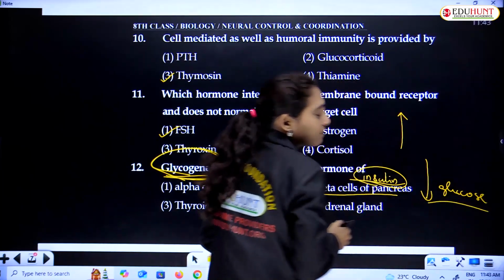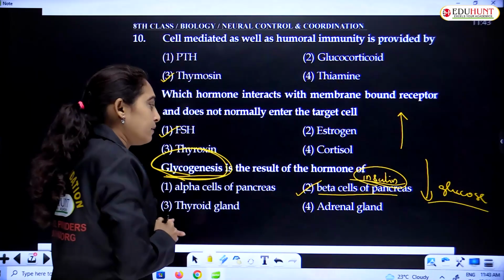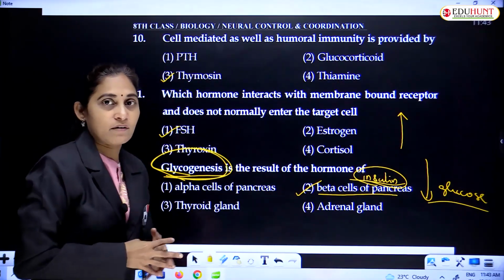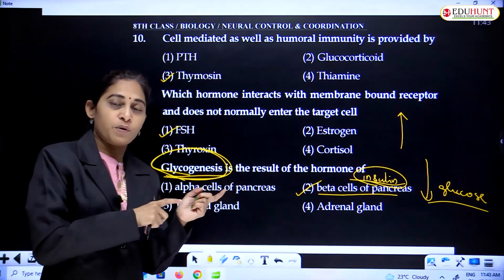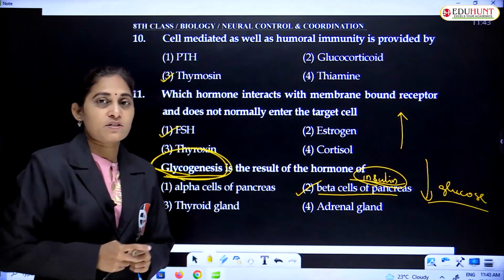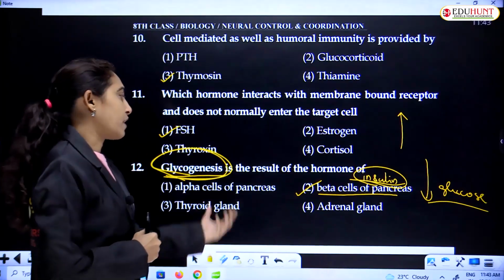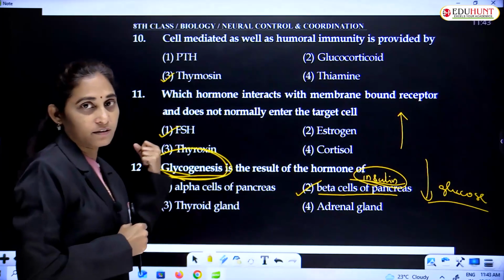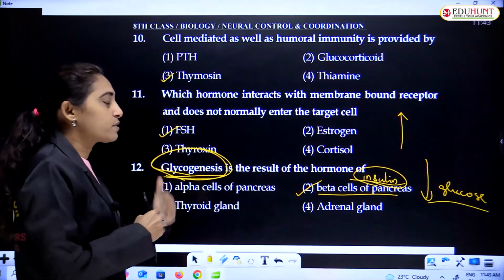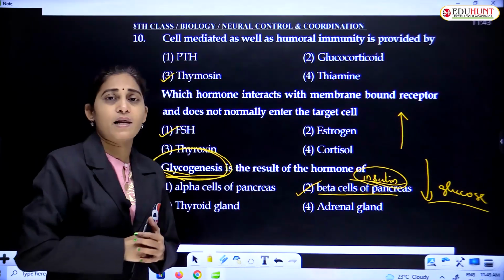I am explaining this question in this elaborated way because there should be a clear-cut differentiation between the secretion of alpha cells and beta cells. Alpha cells secrete glucagon, which causes a rise in the glucose level in the blood.